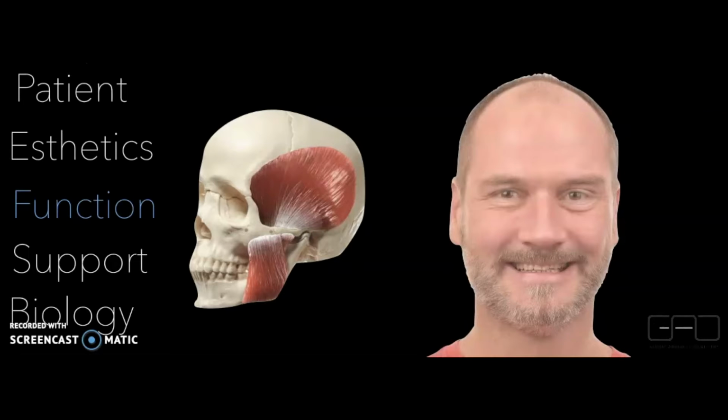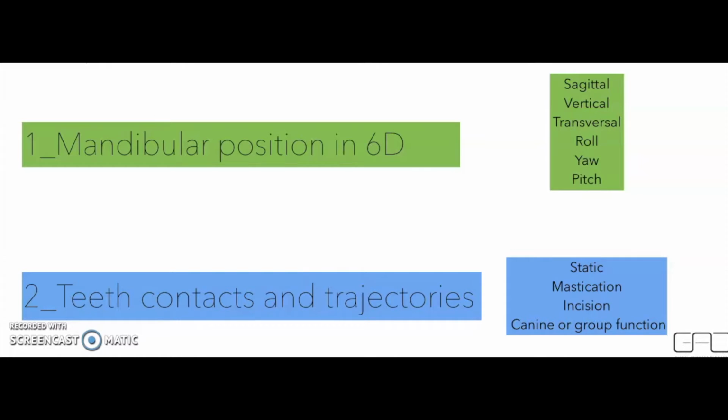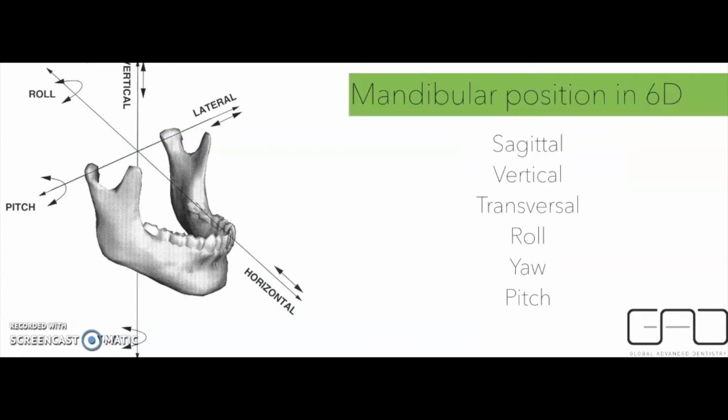So for the function, first question is, what is function? For me, function is two parts. The first one is the position of the jaw in 6 dimensions, and the second one is the contact between the teeth.